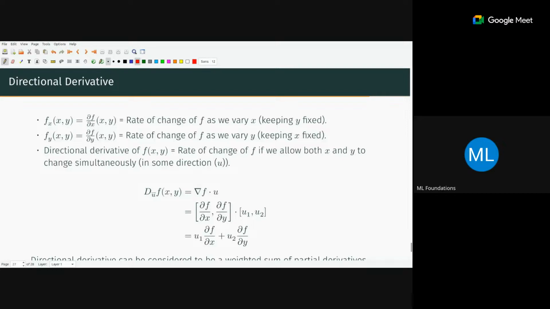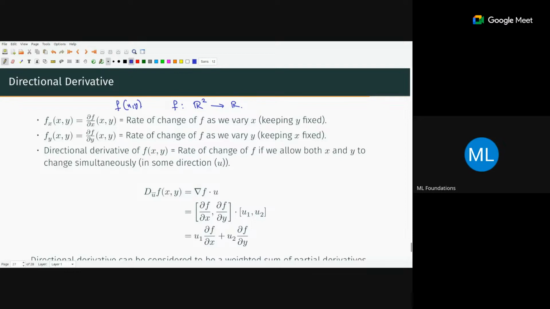If we move to a higher order, just like in this particular case, if I have a function from R2 to R, where I have two inputs with one output, f of x comma y, now I have two different axes.